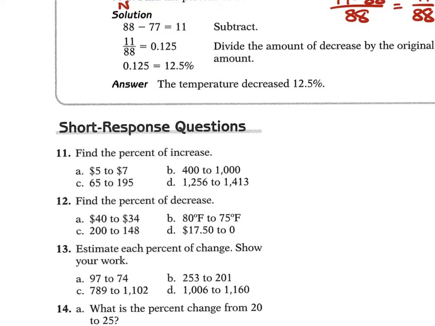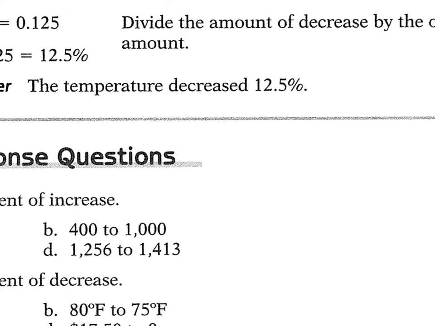For our short response questions, for 11, we are finding the percent of increase. So with these, what I'm going to do is just rewrite them over onto the side. So for 11a, it goes from 5 to 7. So our original is the 5, our new is the 7.